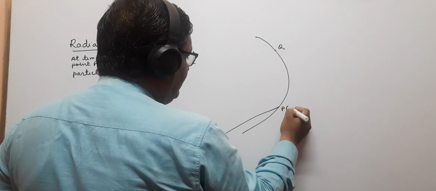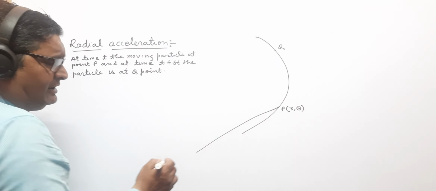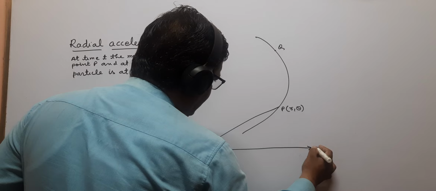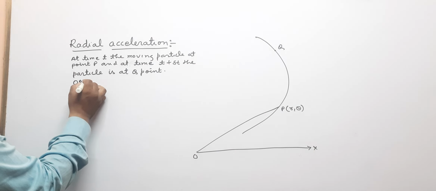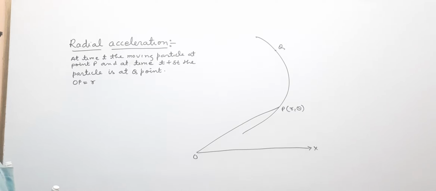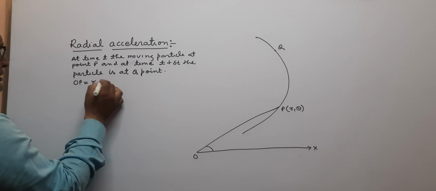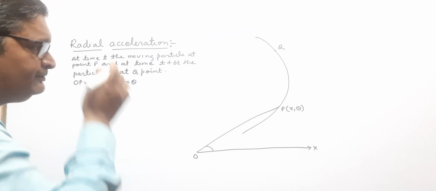Let us suppose that the polar coordinates of P are (r, theta), and O is the pole and OX is the initial line. So OP is the radius vector, which is equal to small r, and angle XOP is equal to theta, the vectorial angle.